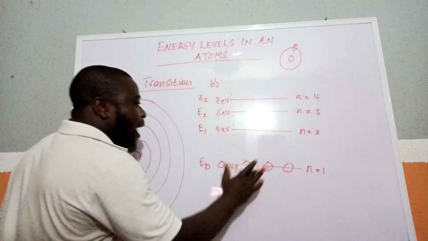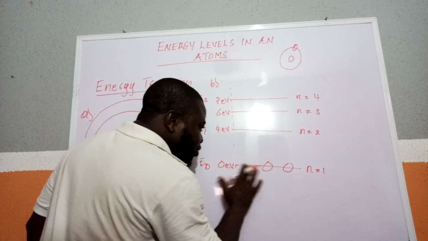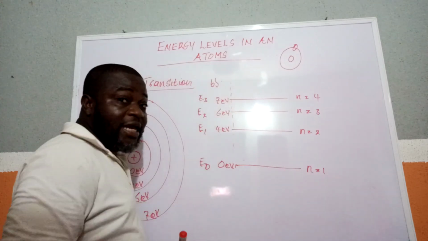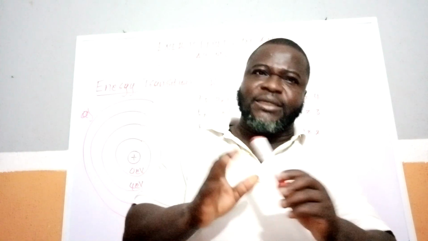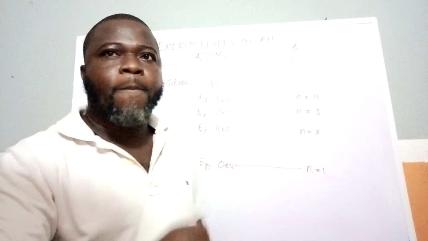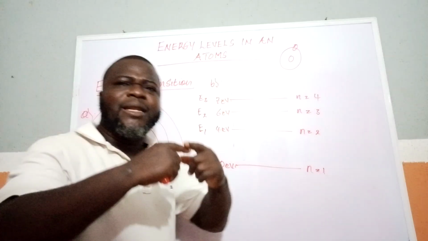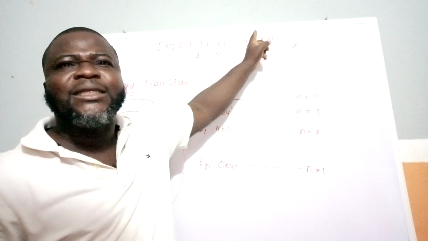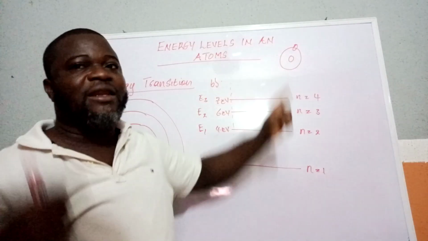We are still talking about the same thing. But I want to explain this. Now, look up. Normally, whether you are talking about the negative or the positive, when it's moving up, you are talking about increasing positive energy value.